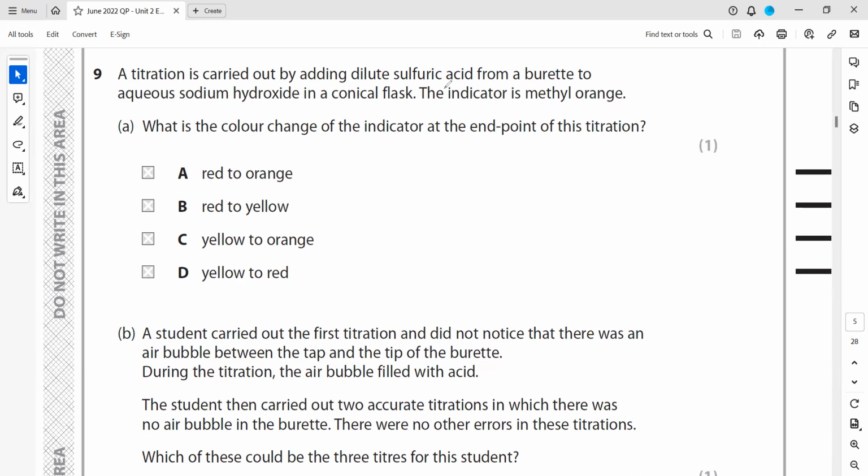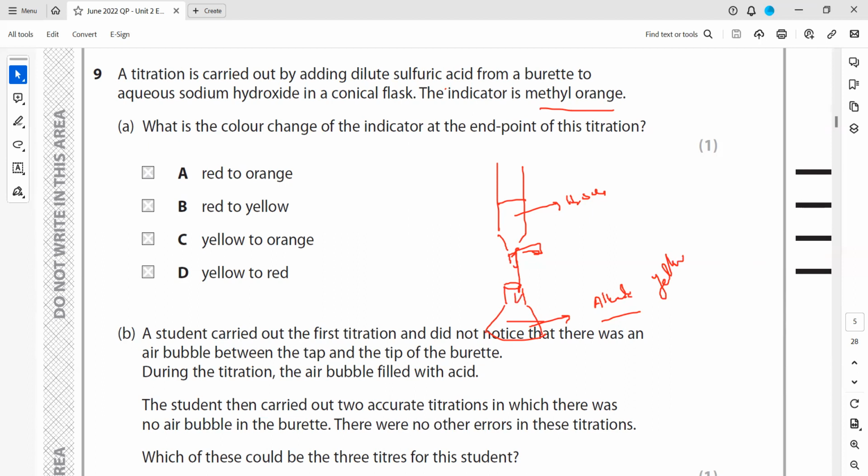A titration was carried out. Dilute sulfuric acid was added from the burette, so the final color is due to acid. Sodium carbonate is in the conical flask, so an alkaline solution is there. Methyl orange is added. As the original solution is alkaline, it will be yellow originally.